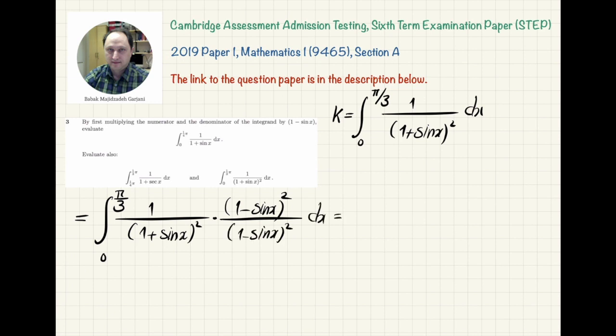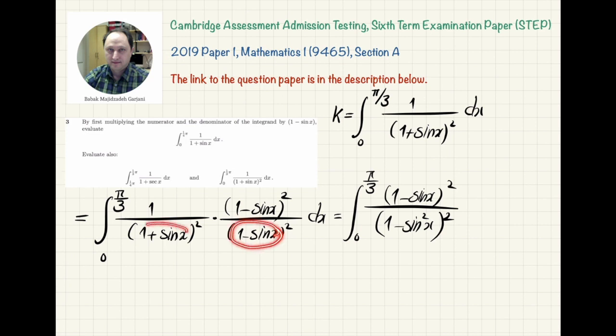So the numerator becomes 1 minus sine x to the 2. The denominator becomes 1 minus sine squared x and then to the power of 2. Because this one inside and that one are conjugate, they will give me this, and of course I have a power 2 here and there. But 1 minus sine squared is cosine to the 2, and I have an extra 2, it becomes cosine to the 4, yes?